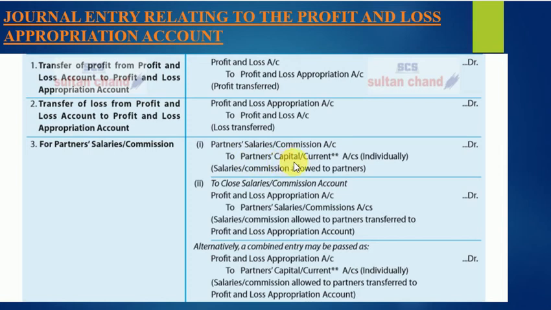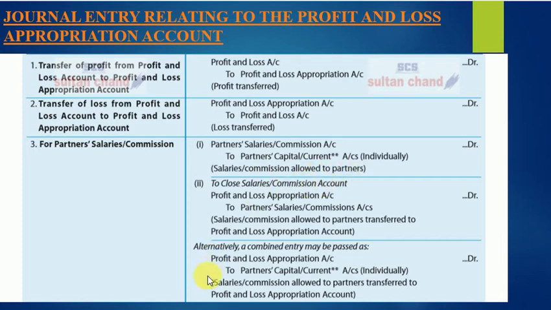If it is commission, you will write commission account debit to partners capital account. Regarding the current account, I am going to discuss it with the partners capital account and its explanation. The narration goes, being salaries or being commission allowed to partners.